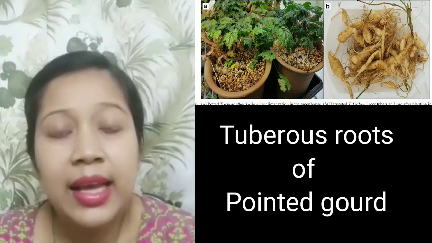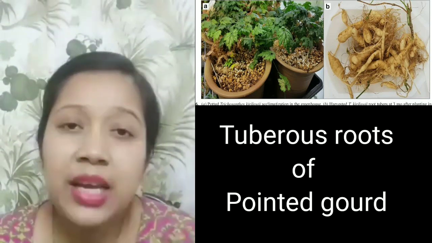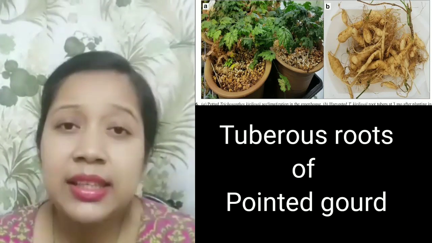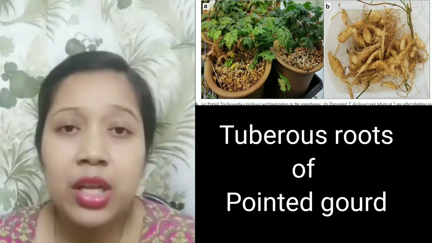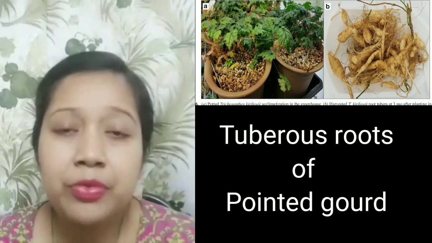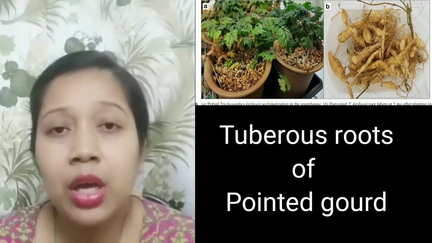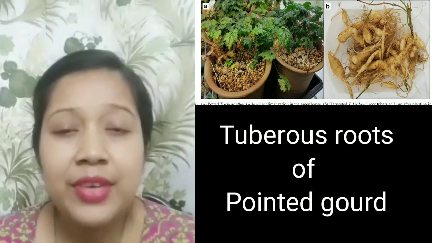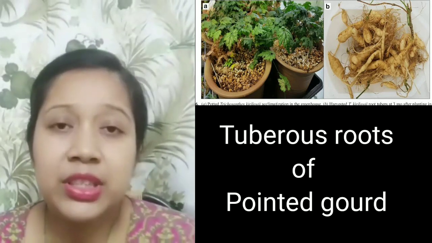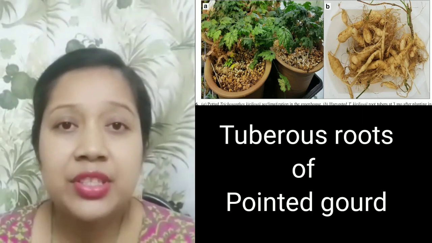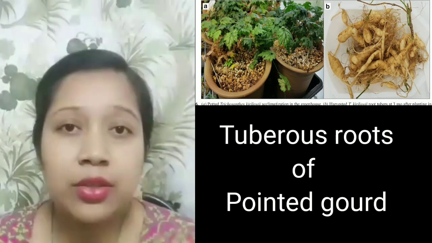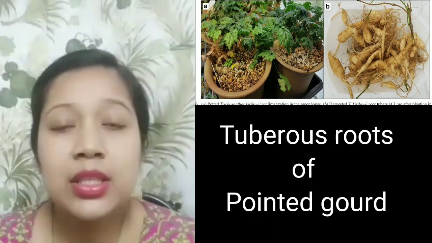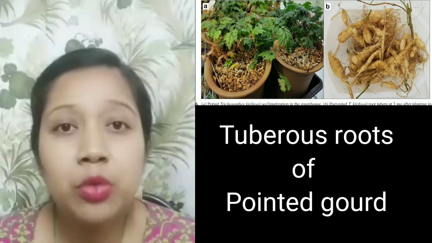And the example of such type of roots can be seen in a flowering plant which is called Mirabilis jalapa, which in our common language is also called the 4 o'clock plant. Another very good example is a vegetable that we eat, whose root system is like that of a tuberous root, that is, the pointed gourd.